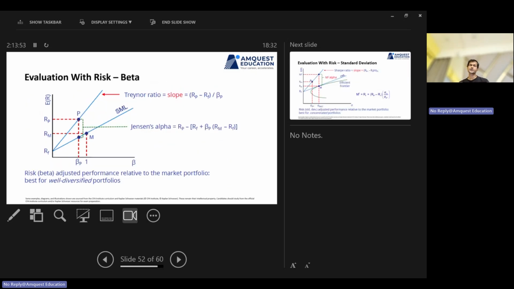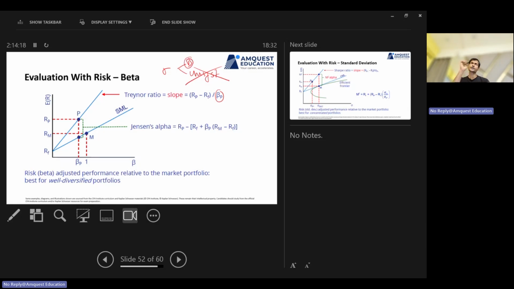Now, Treynor ratio also does the same thing. But what Treynor ratio does is, he says, you can't divide by deviation because I don't believe in deviation. I believe in beta. Deviation is what? Beta and unsystematic risk, right? And I also already told you unsystematic risk should not be rewarded. So Treynor says forget the unsystematic, only focus on beta.